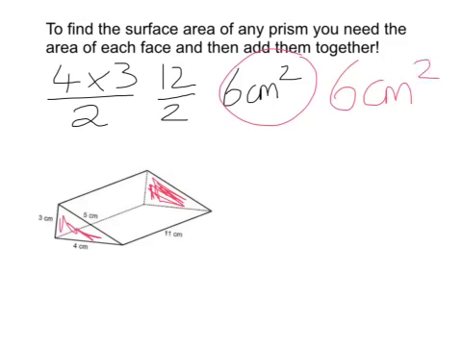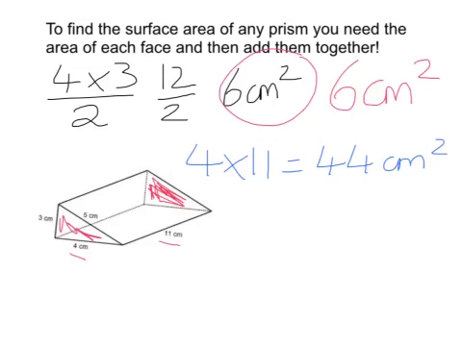I then need to look at each of my other faces individually. So if I look at that bottom rectangle, I can see that that would be 4 times 11, which would give me 44 centimetres squared.